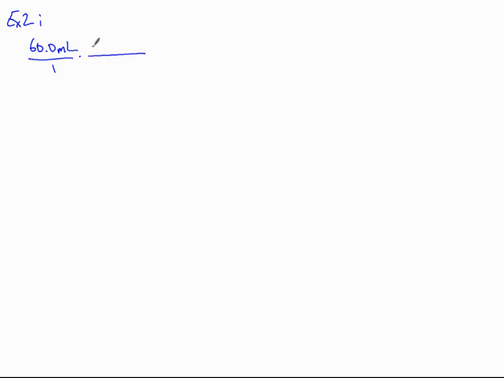We know that it's 0.15 molar, which is 0.15 moles per 1,000 milliliters, and those will cancel. So we know moles of propanoic acid, and then you can move on to your mole ratio step, and it's 1:1.